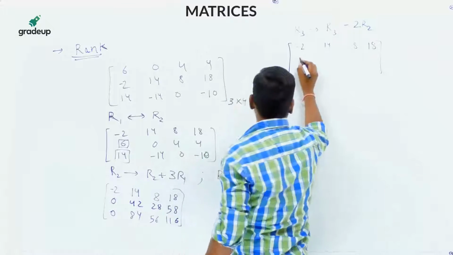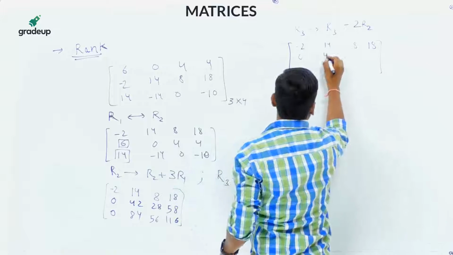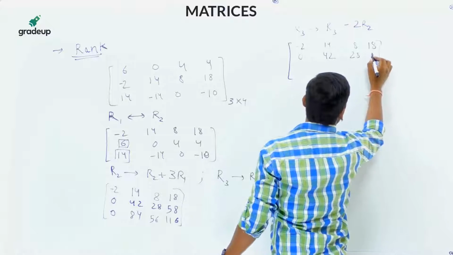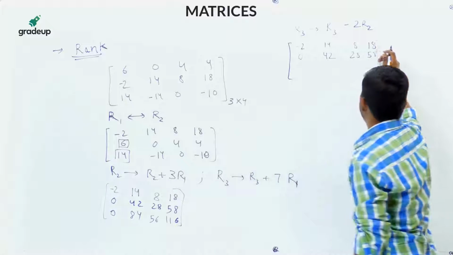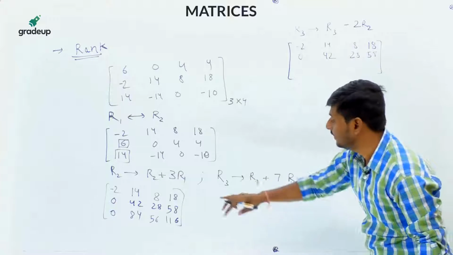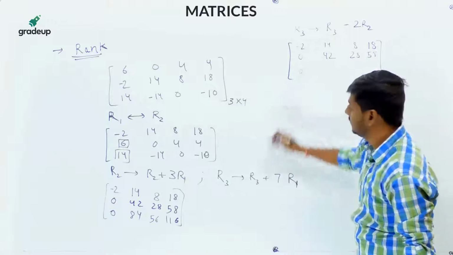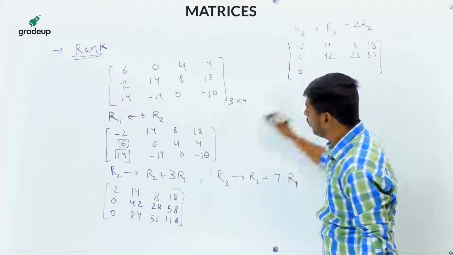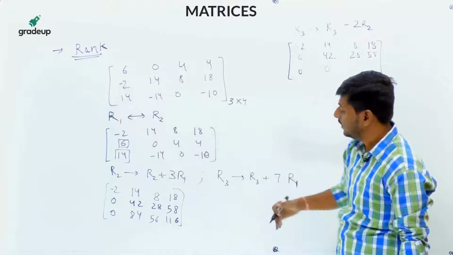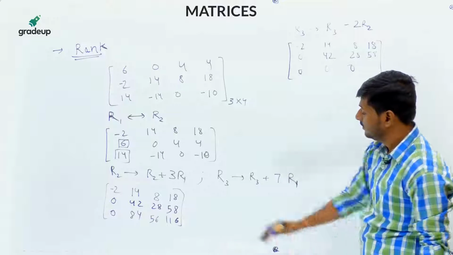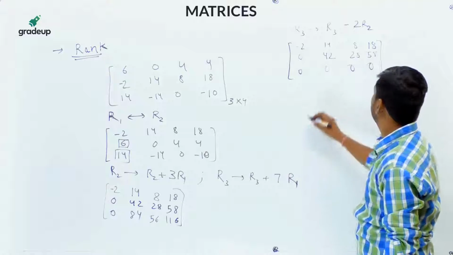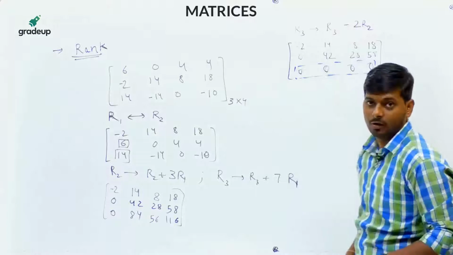R2 row as it is, 0, 42, 28 and 58. These two rows are as they are because we have applied the operation on the third row only. So the third row will be 0, 84 minus 2 times 42 which is 0, 56 minus 2 times 28 which is 0, 116 minus 2 into 58, that is 0. So this row is 0 now.